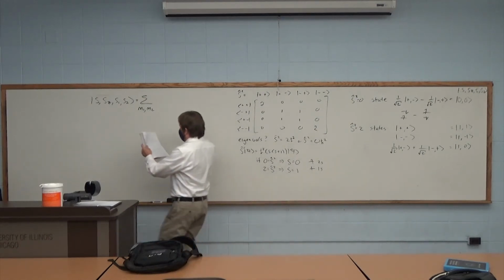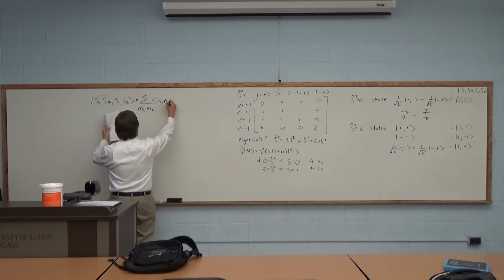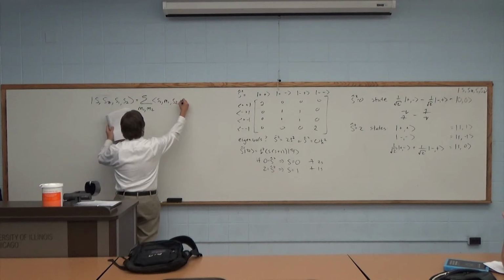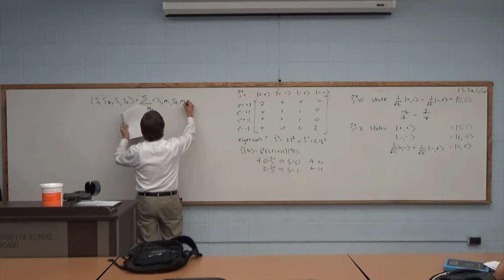So I ignored that up until this point. But anyway, okay, so the way this is going to work: S1, M1, S2. I hope I'm being consistent on my notation here. I may not be.